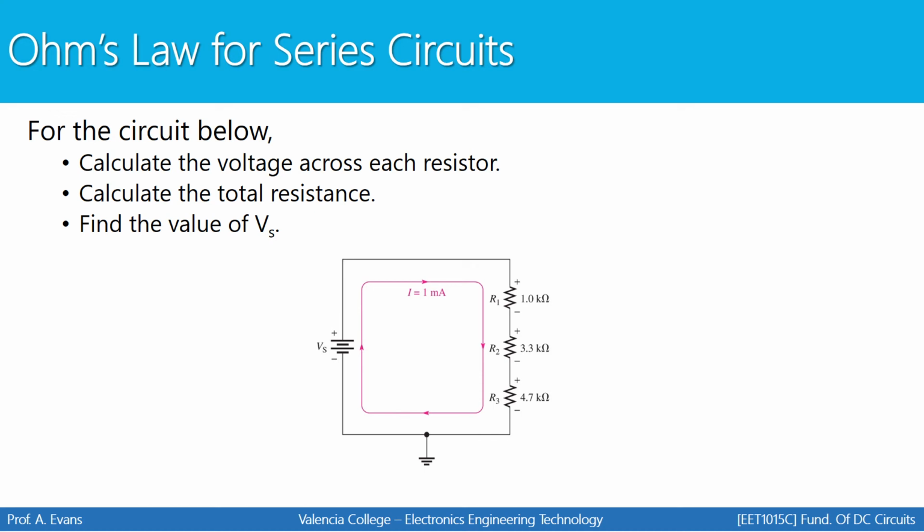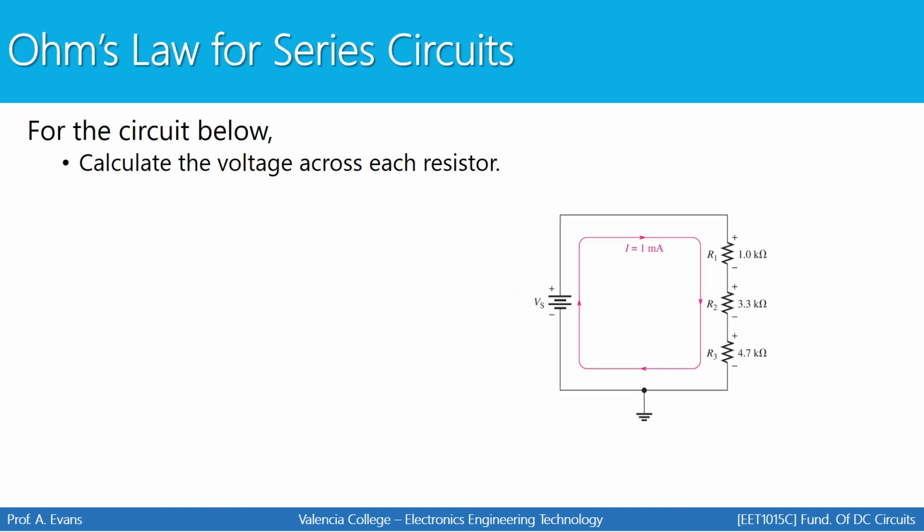But what we do know is the current through the circuit is 1 milliamp, and we know the value for each resistor. Also, on this particular diagram, the polarities for each voltage drop for R1, R2, and R3 are already given to you. Notice again, the positive side is where current enters the resistor, and the negative side is where current exits.